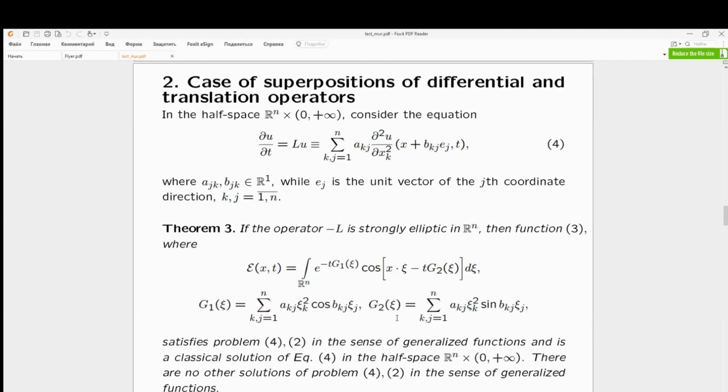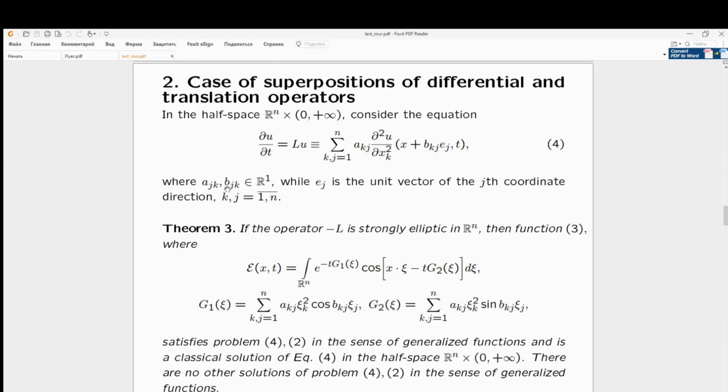Now the case of superpositions of differential and translation operators. We consider this equation, so you see that now differential and translation operators form a superposition instead of a sum as before.